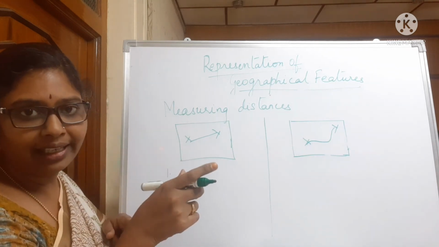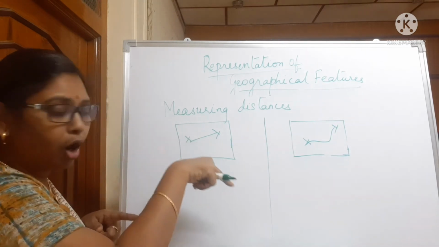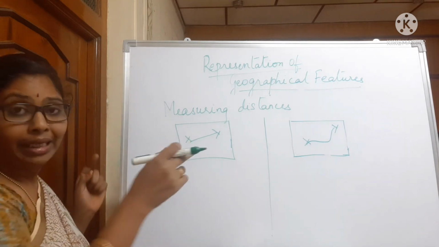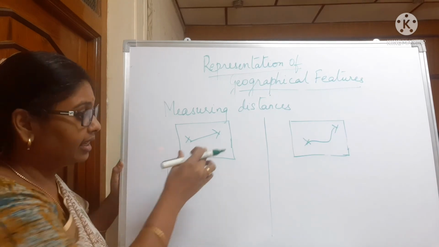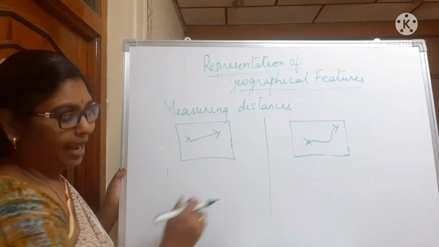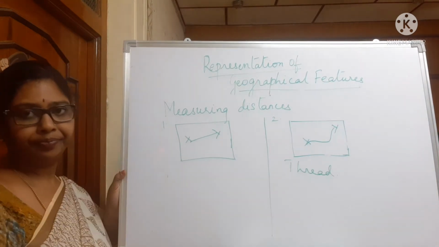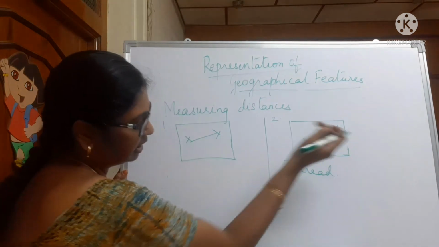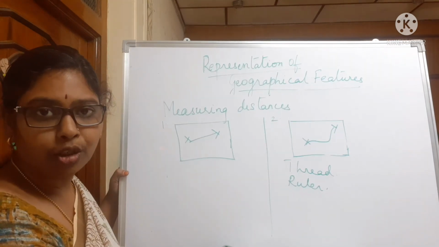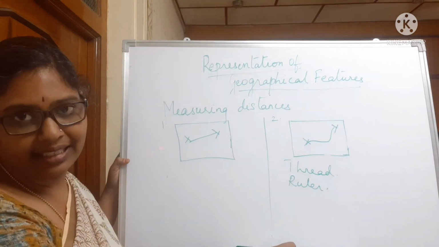Still, if you want it accurately, measure it with a divider, keep the divider on the ruler, then we get the measurement, right? Still the easiest method is to take a ruler and measure the distance between the two. But in the second case, it cannot be done like that. Measure the distance between the two places along the curved line, then measure it along the ruler. So that is how we measure the curved line distances.